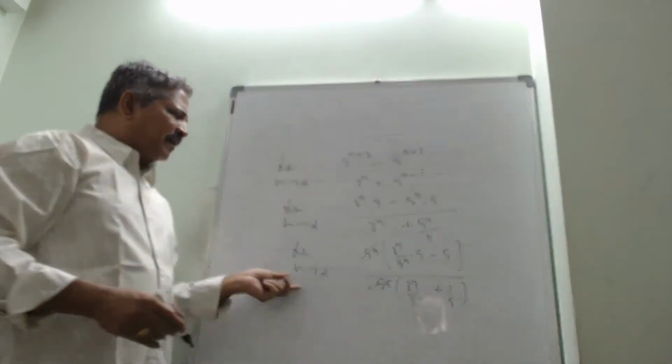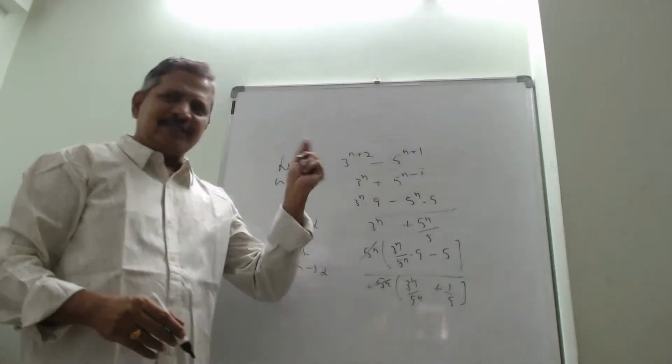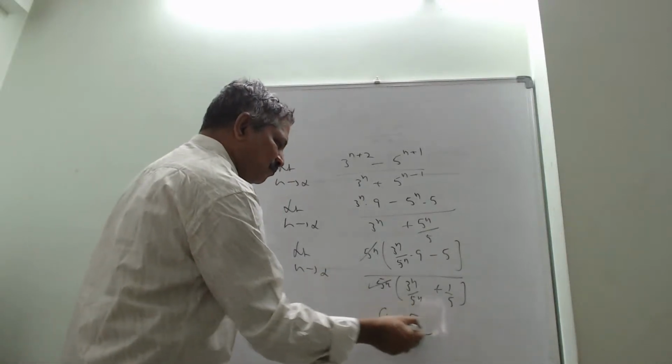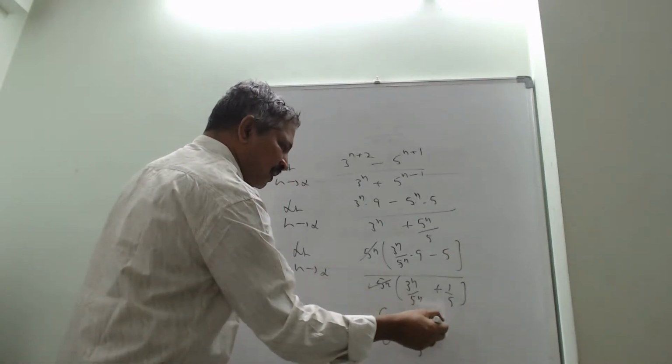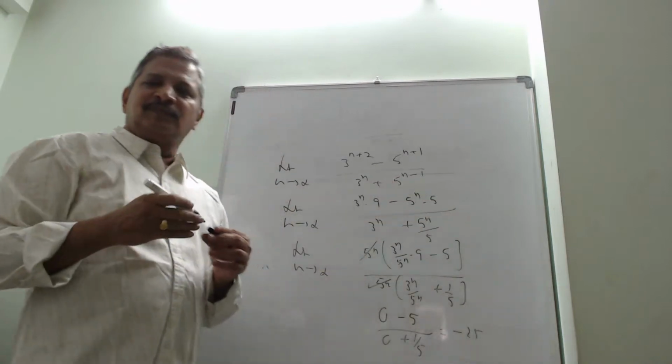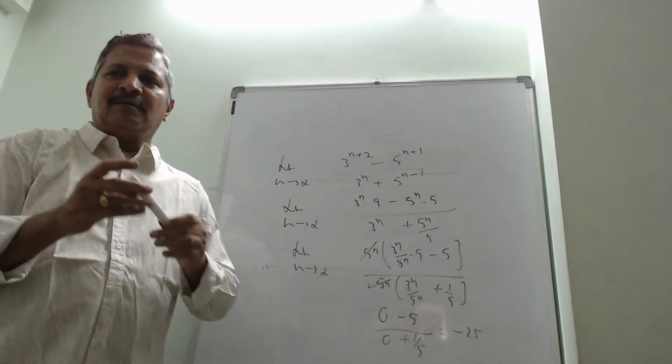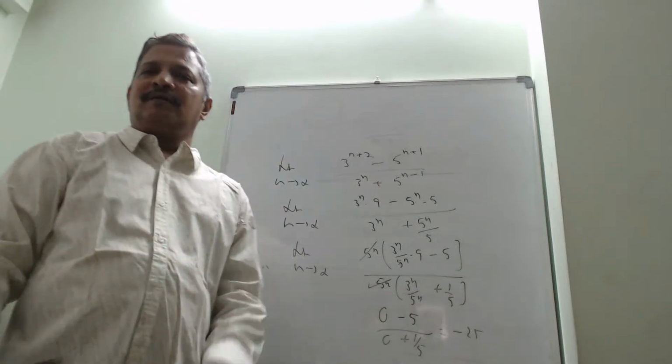This cancels. When n is tending to infinity, fractional power infinity is 0. So 0 minus 5, over 0 plus 1 by 5, that is nothing but minus 25... like this way. These are a few important limit problems.